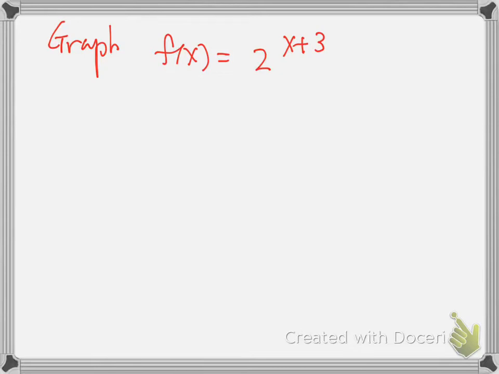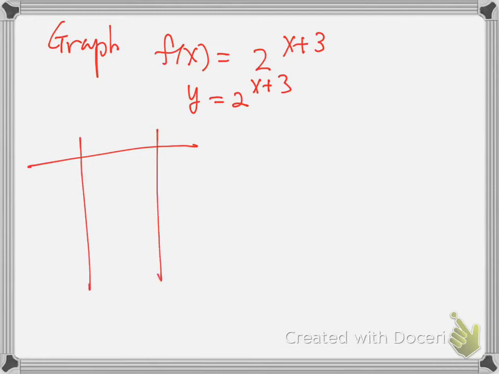Okay, so we change f(x) to y. So y is 2 to the x plus 3, and then we make that table. So here is x, y, and x comma y. For the exponential function, we pick values for x: 2, 1, 0, -1, -2.